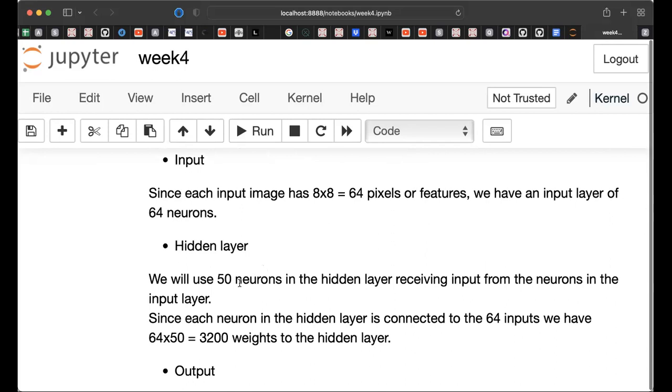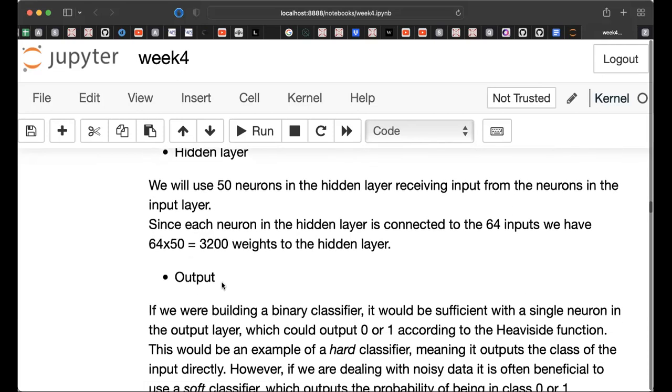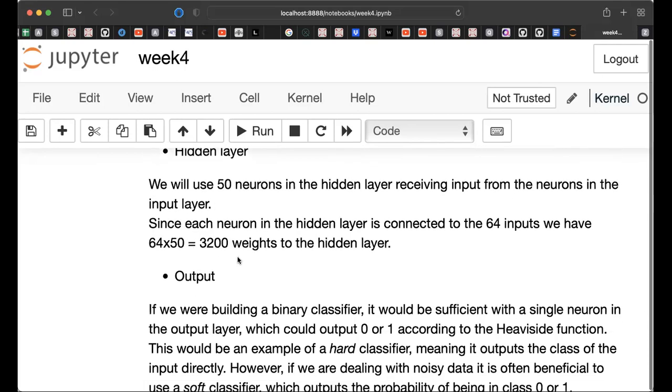Since this is a fully connected system, and I have 64 inputs and 50 hidden nodes, I get 3,200 weights which need to be trained in order to find their values. In addition, I would have 50 biases, which I also need to train. So 3,200 plus 50, so 3,250 parameters for the hidden layer and its connection with the input layer.